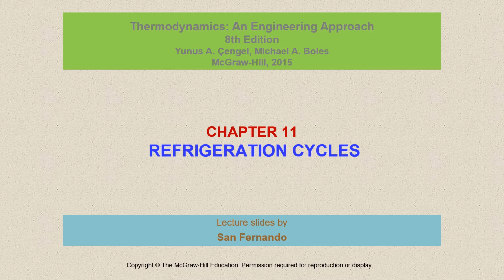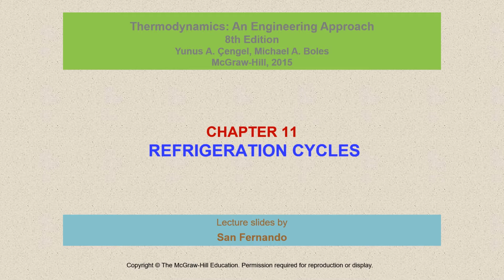called refrigeration cycles. The most frequently used refrigeration cycle is the vapor compression refrigeration cycle, in which the refrigerant is vaporized and condensed alternately and is compressed in the vapor phase.